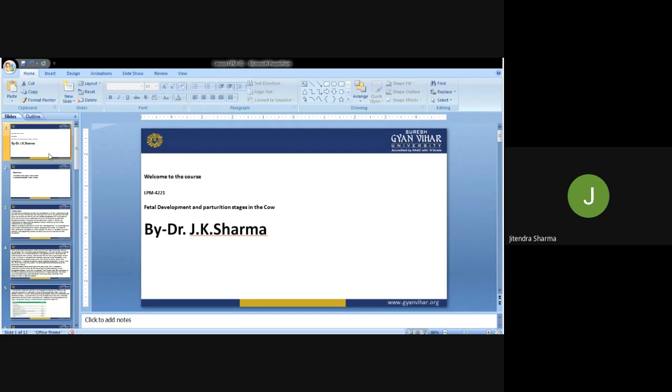Then both of these hormones, along with the estrogen hormone, are responsible for the opening and dilation of the cervix, and this entire process takes place under the influence of oxytocin and prolactin.